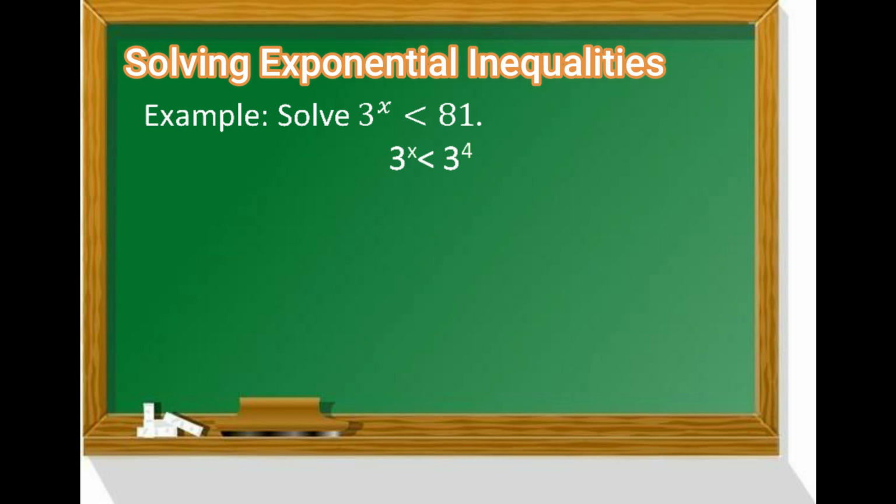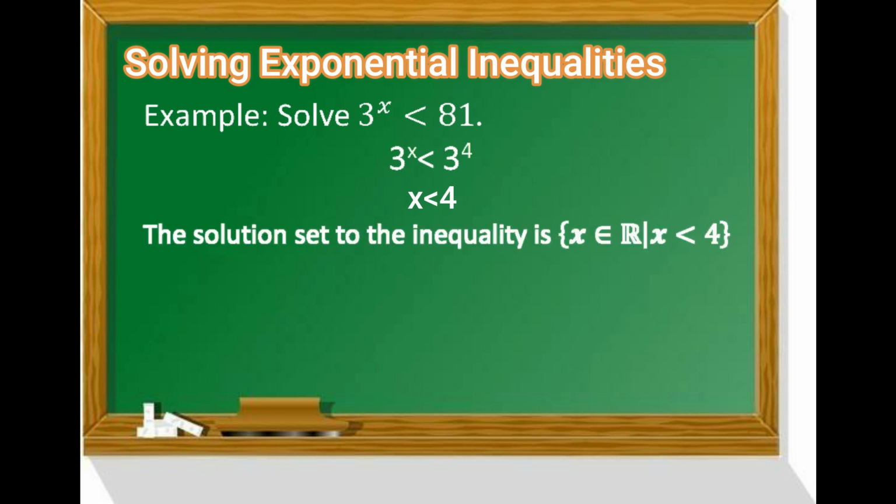Apply the property of inequality for exponential functions and solve. So we have x is less than 4. The solution set to the inequality is all real numbers x such that x is less than 4.